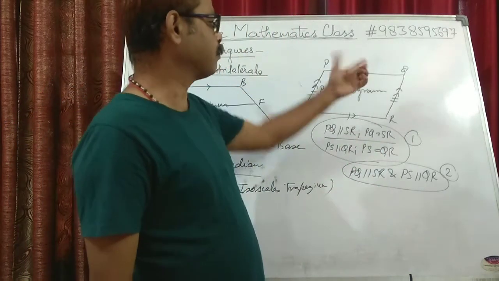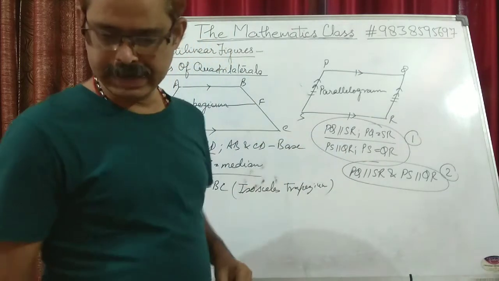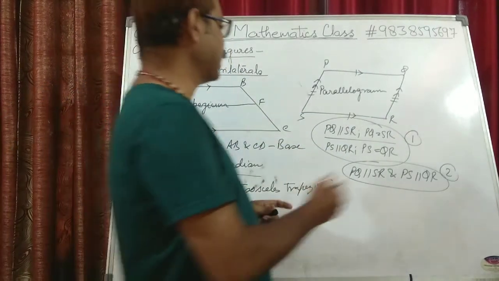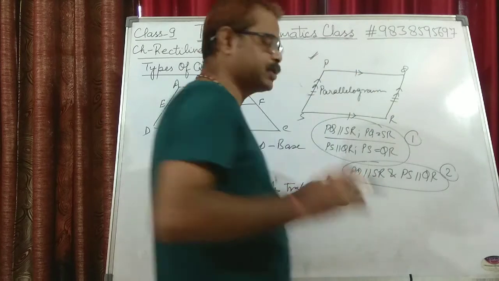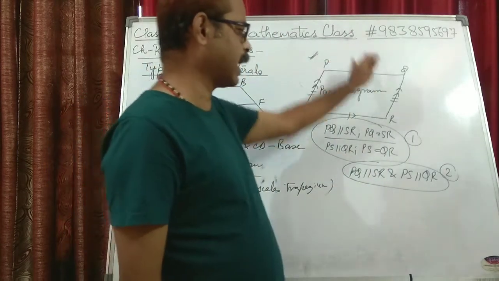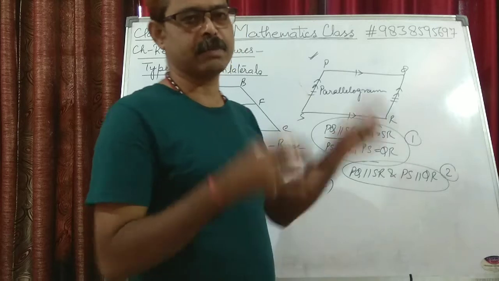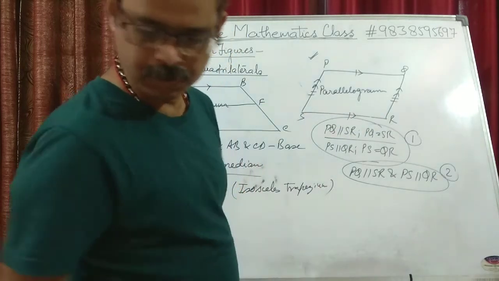Both opposite pairs are parallel, so it is a parallelogram. You need to remember this because in this chapter most of the things are based on the parallelogram.